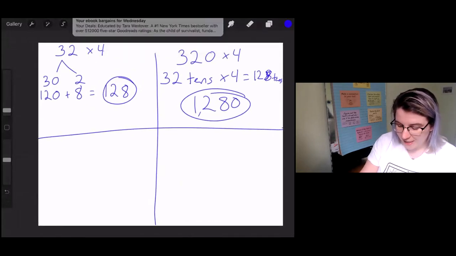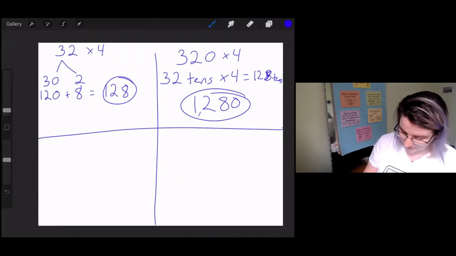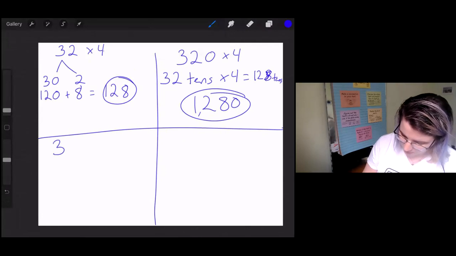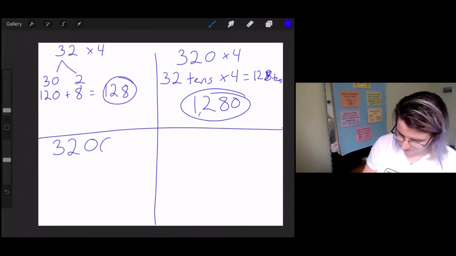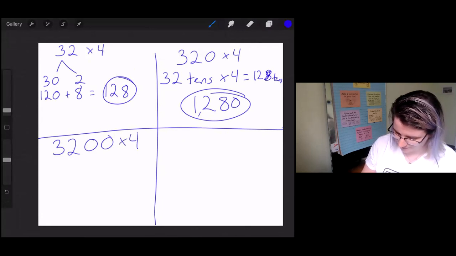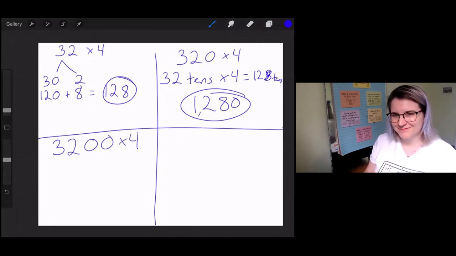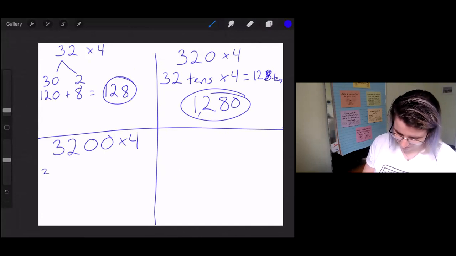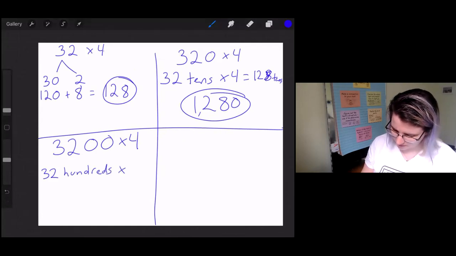What if we keep going with this pattern and I ask you to solve 3,200 times 4? Well, it's the same thing as 3,200 times 4.